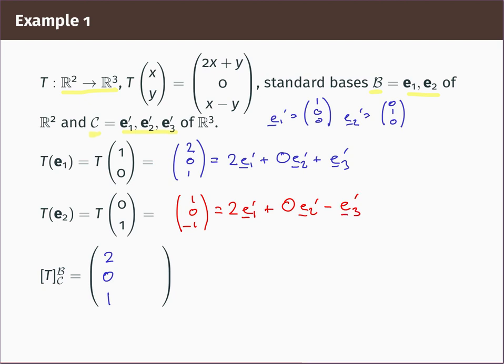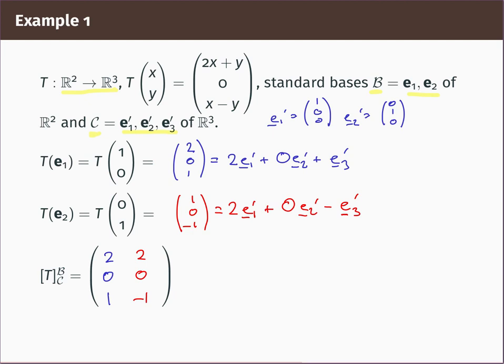So this tells us the second column of our matrix. It tells us the second column is (2, 0, -1). And that is the matrix of the linear transformation T with respect to initial basis B and final basis C.